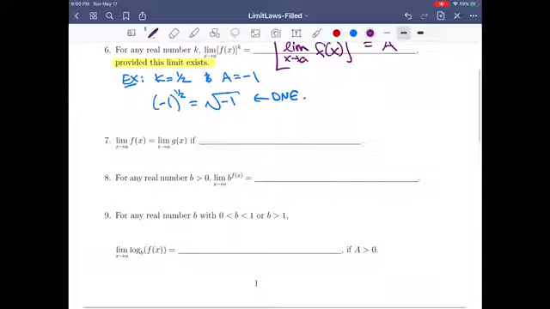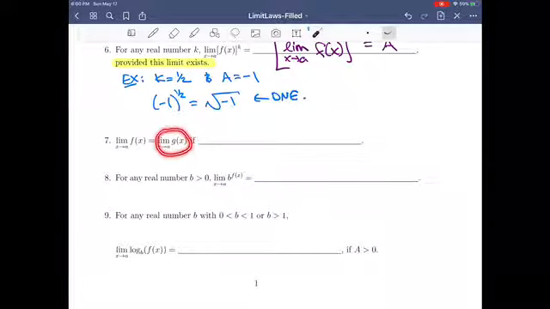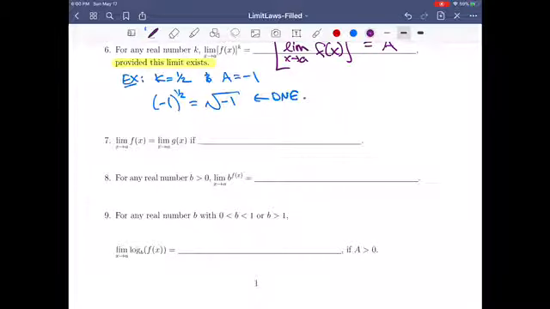The rule 7 here is actually very useful. So you can say that two limits are equal. So the limit as x goes to a of f of x is equal to the limit as x goes to a of g of x if f of x is equal to g of x everywhere that x is not a.